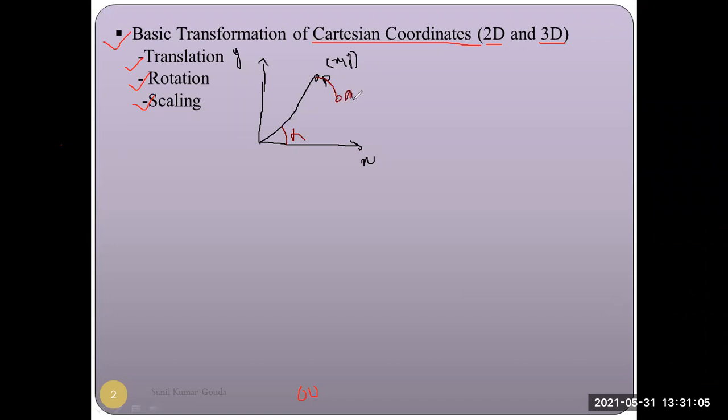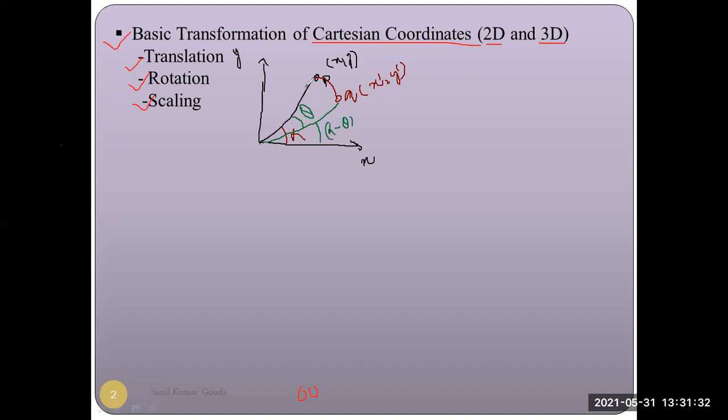Suppose the new point is Q, and I'm writing it as x' and y'. Suppose the angle of rotation is theta. If the entire angle is alpha, this angle will be alpha minus theta. Is it clear?